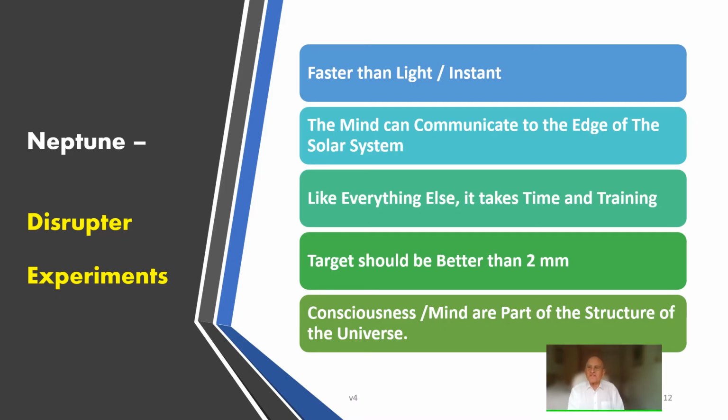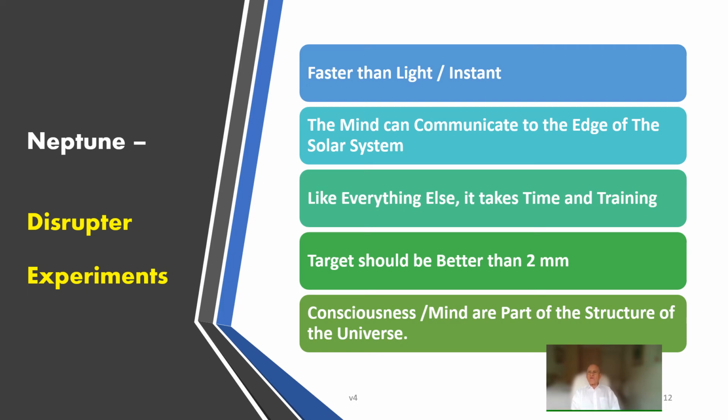It is important to emphasize the mind-blowing, unexpected results from the experiments involving Neptune and most of the planets. Not only do they prove that subtle energy communication is faster than light, but it can be instant.